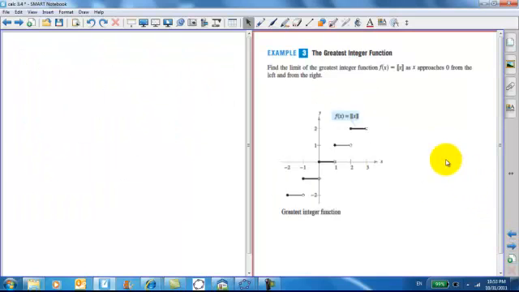Here's the greatest integer function. We've seen this stair step before with these little steps, where the left end is closed and the right end is open. Now what happens as x approaches 0 from the left and from the right? Well, as we approach 0 from the right, we're getting closer and closer to 0. But as we approach 0 from the left, the y values are staying at negative 1. So let's jot that down.